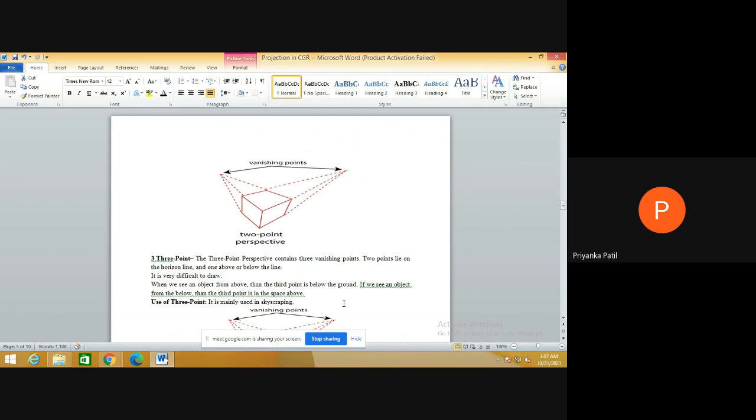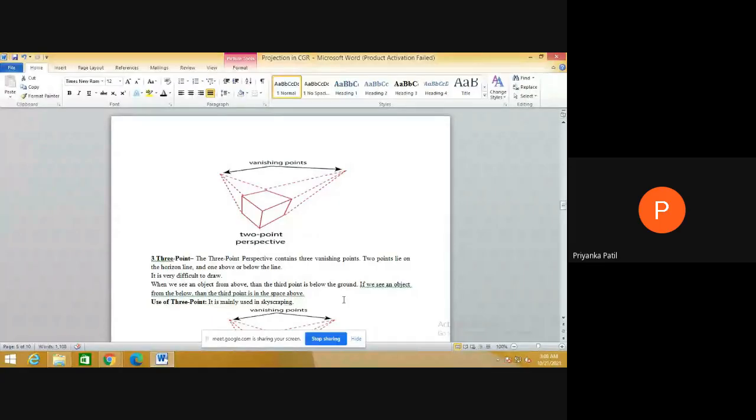Next one is the three-point perspective projection, in which we consider three vanishing points. Two points lie on the horizon line and one is above or below the horizon line. Basically it's quite difficult to draw because we have to refer to all three vanishing points.